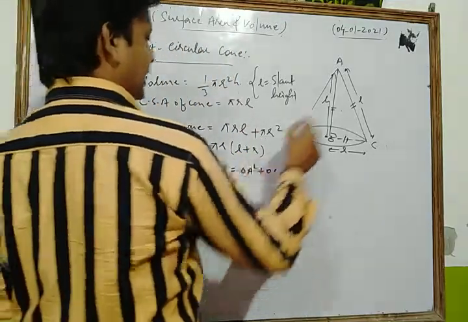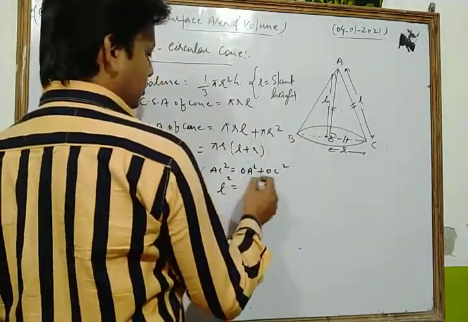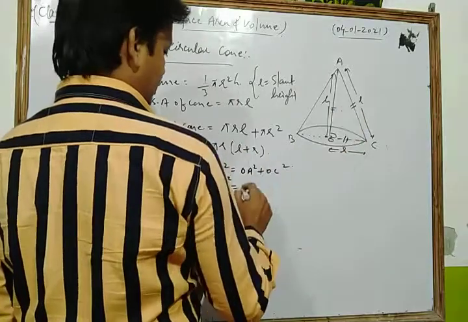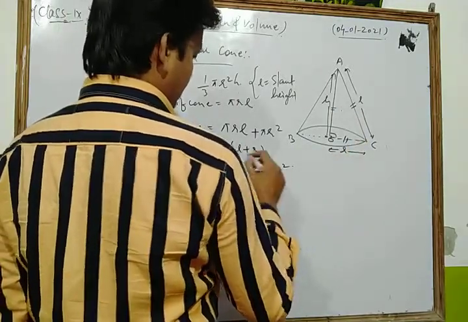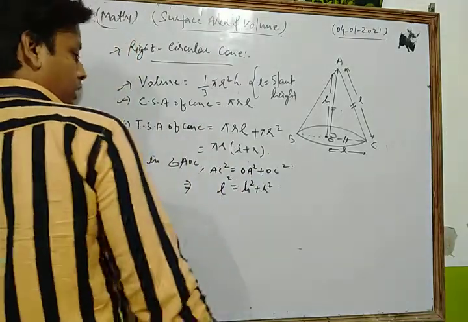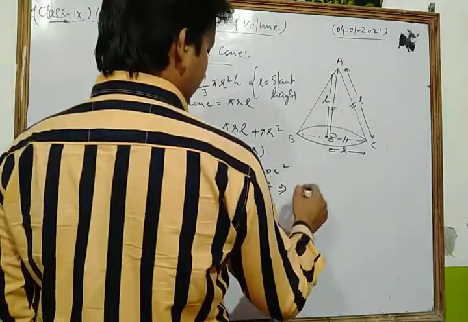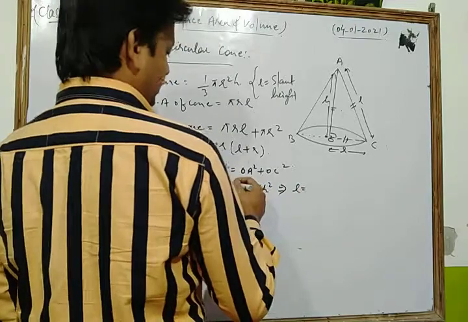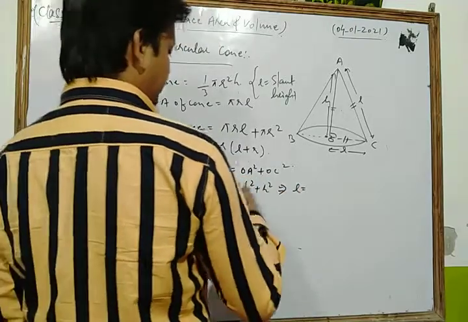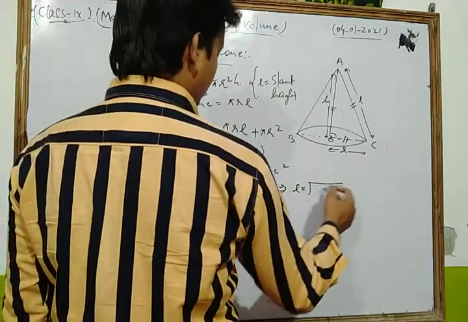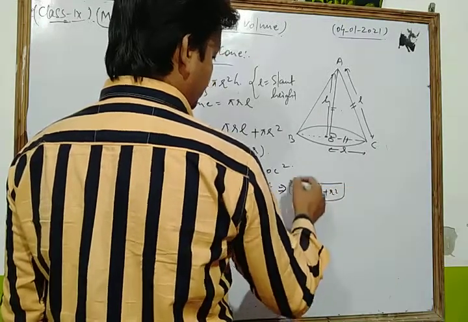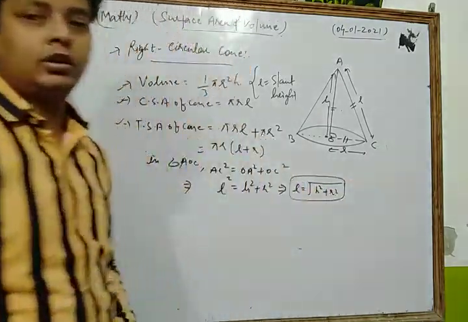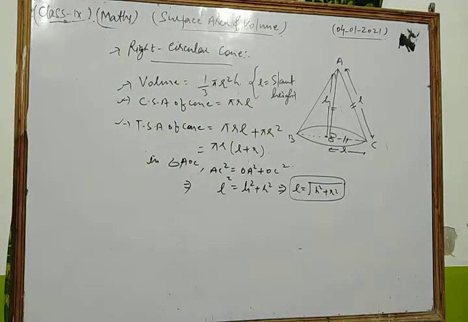AC is l, so l square is equal to h square plus r square. Removing the square, we get l equal to under root h square plus r square. This is the very important relation between h, l and r.